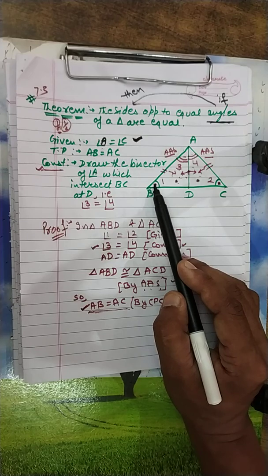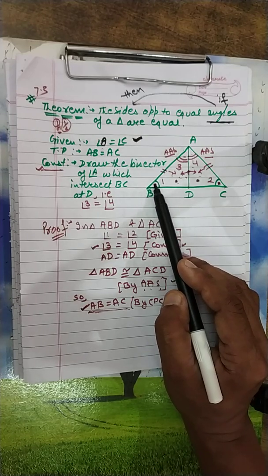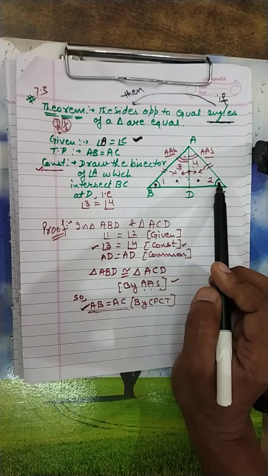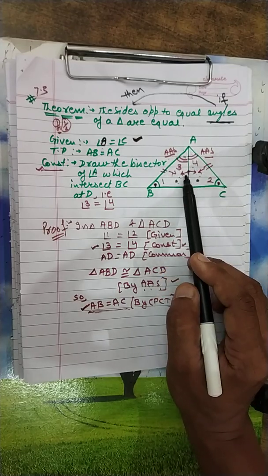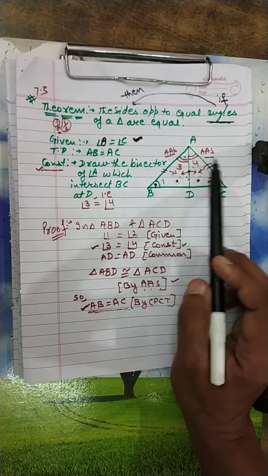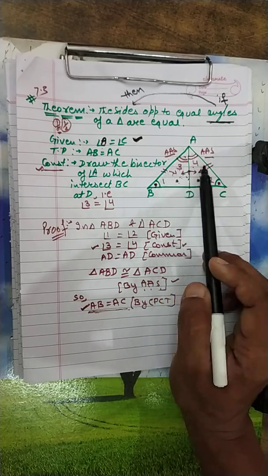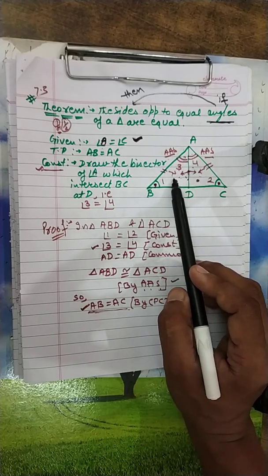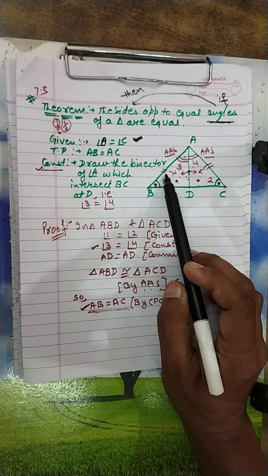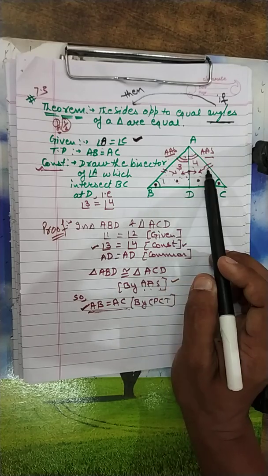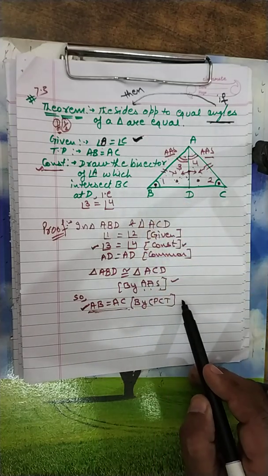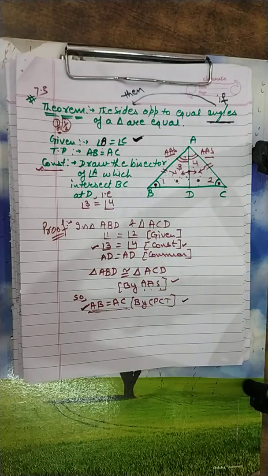Single arc angle, then double arc angle, then side: angle, angle, side. Both follow the same pattern, so the triangles are congruent. Therefore AB, a part of this triangle, and AC, a part of this triangle, are equal. Hence proved: if the angles are equal, then their sides are also equal. This is theorem 7.3.